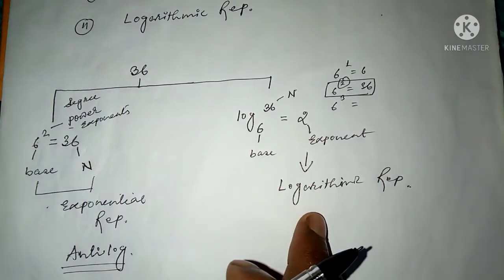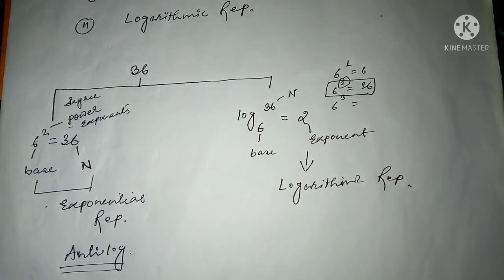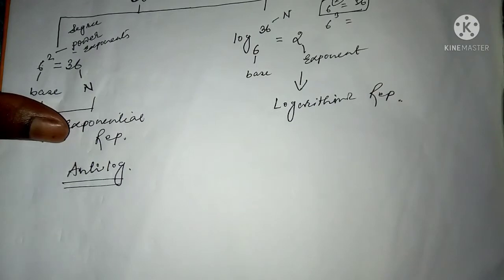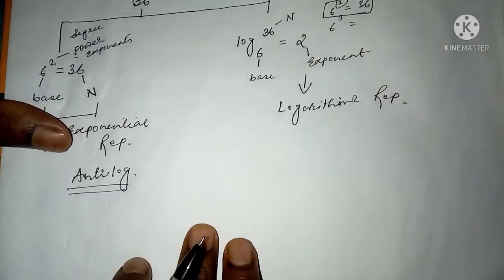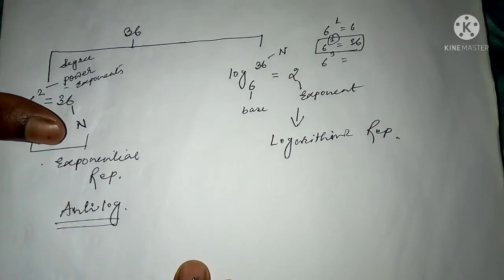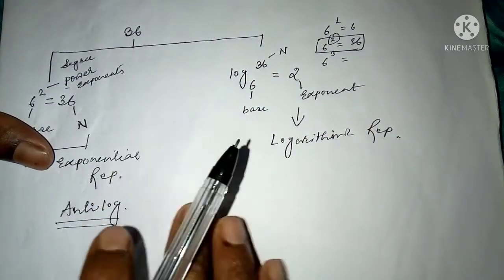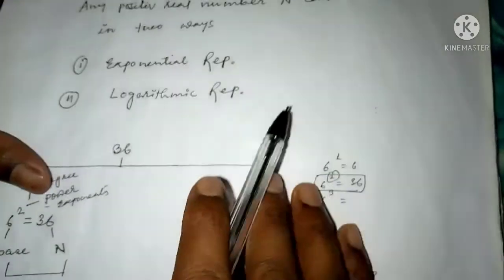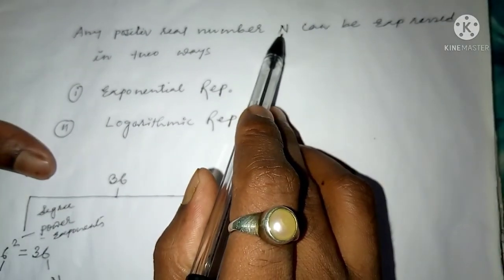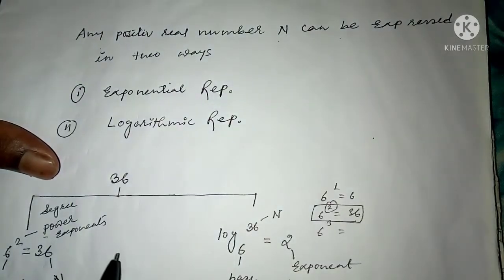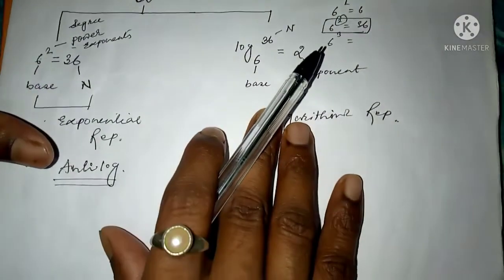Now we'll try to understand with a few examples, okay. Students, I have explained this exponential form and logarithmic form with the help of 36. Now as I have mentioned here, n is a positive real number, so I'll show this representation in the form of n as well.